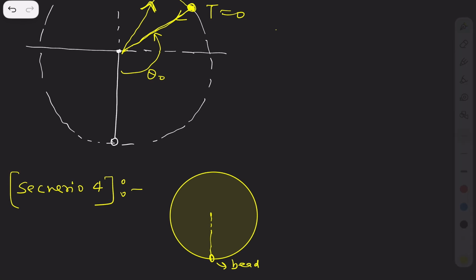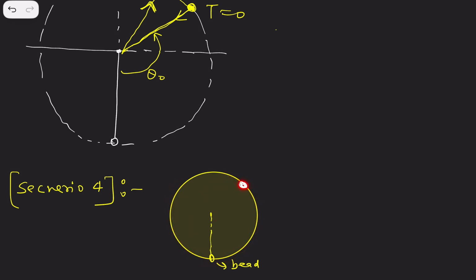If it reaches this topmost point and the velocity becomes zero, it will come back down. It can't go up, and it can't do projectile motion because it is constrained to move on this path only, or you can say on this ring only.